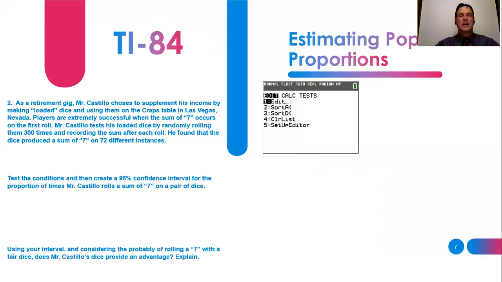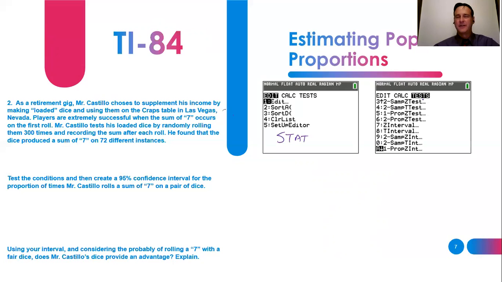Here's what you would have to do. You can have your calculator out, and you can pause this anytime if I'm going too fast. You're going to hit stat, and then scroll over to tests. It's the last column. I'm hoping my video screen doesn't cover it.